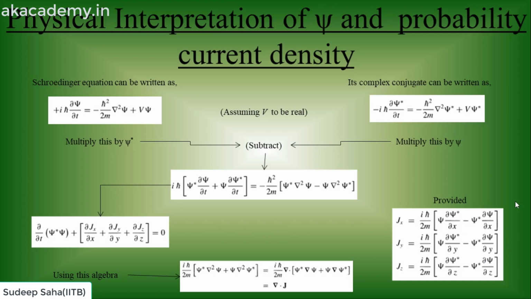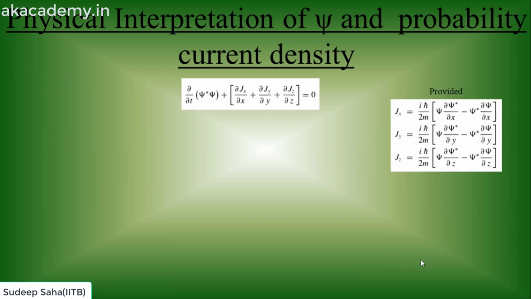From here to here you will need some algebra, which is very common in vector calculus. If we use this formula here, you will get this equation very easily, provided jx, jy, jz is given by this. Now this is the equation we have got.